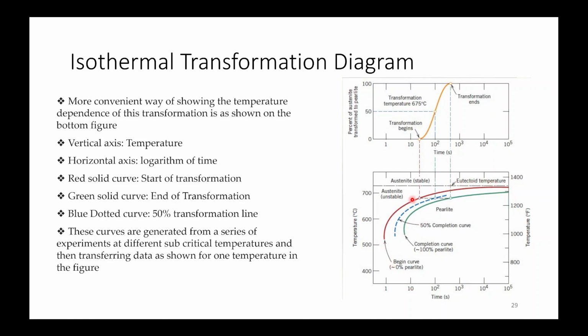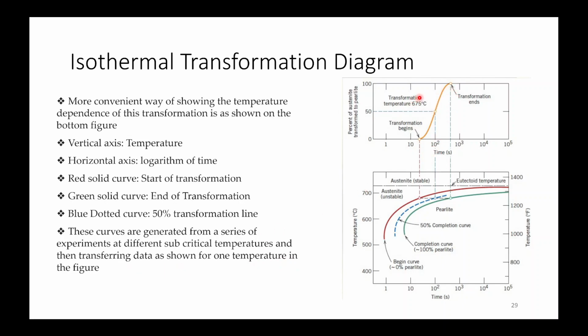The red solid curve shows when your transformation will start, and the green solid curve tells when your transformation will end, and the dotted line corresponds to 50% of transformation. These curves are generated from a series of experiments at different subcritical temperatures and then transferring data as shown for one temperature in the figure.